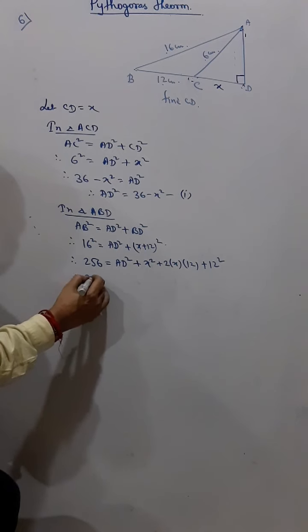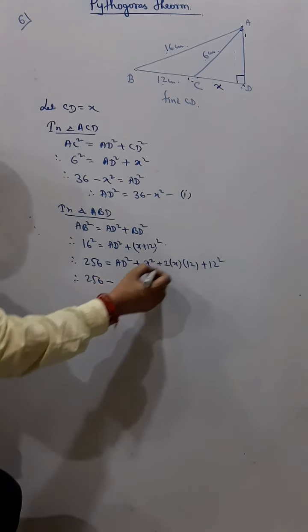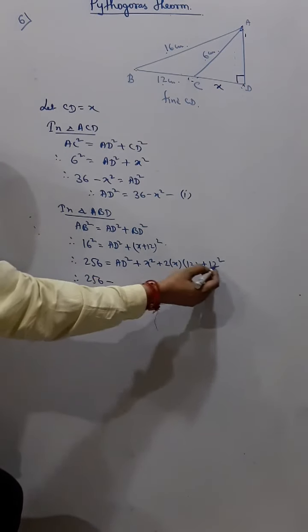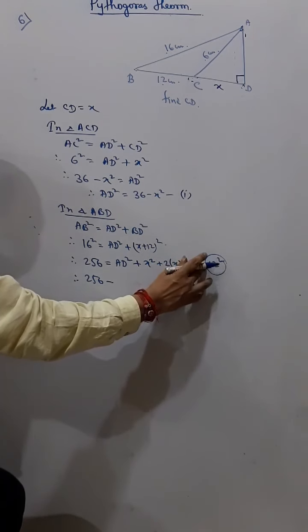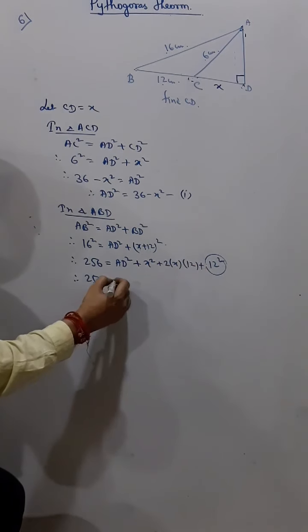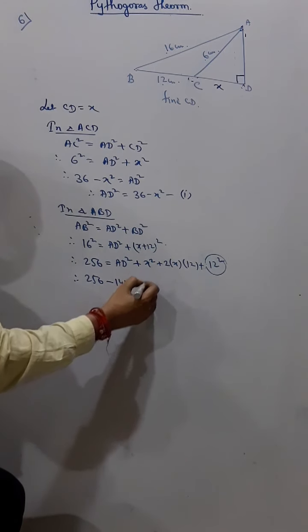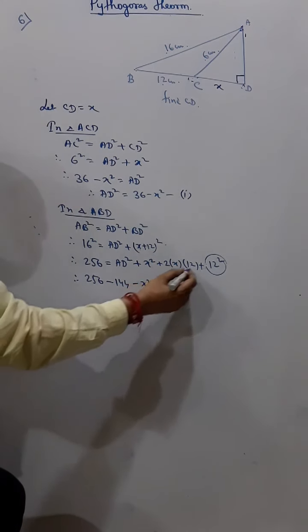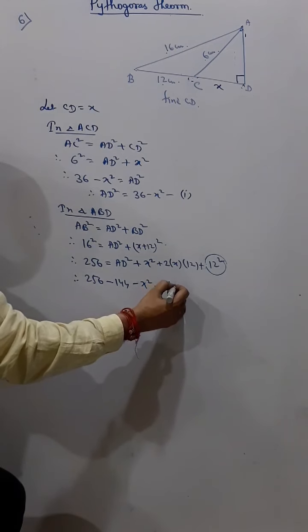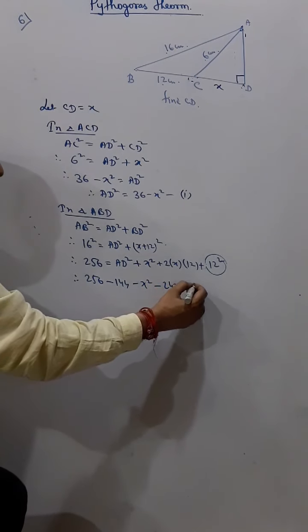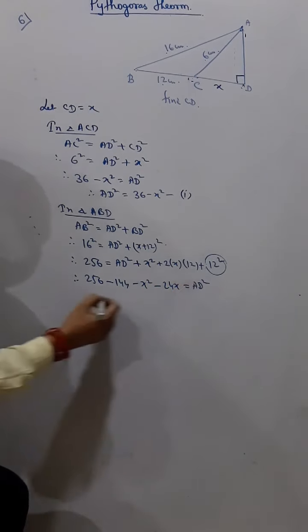So we got 256 minus 12 square, that is 144, then minus x square minus 24x, and that is equal to AD square.